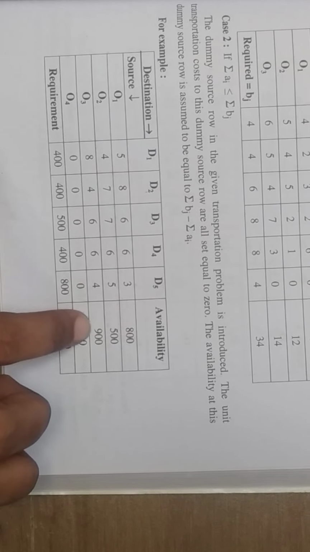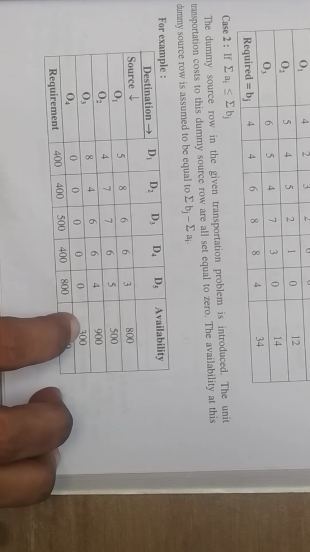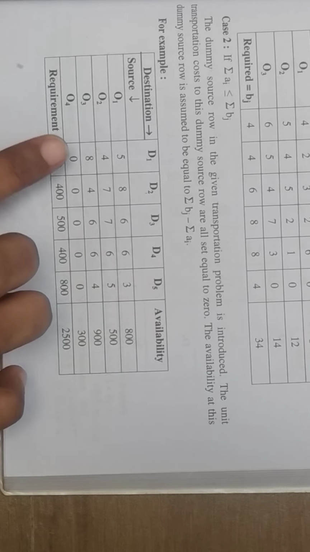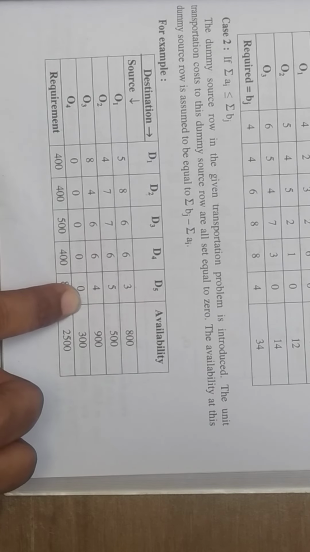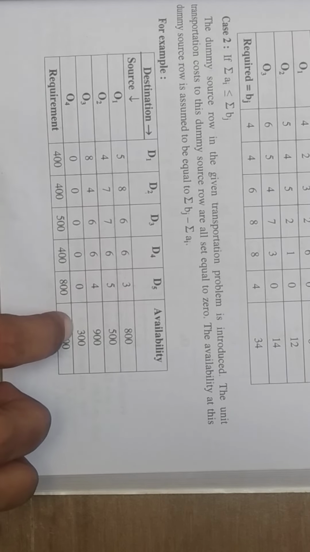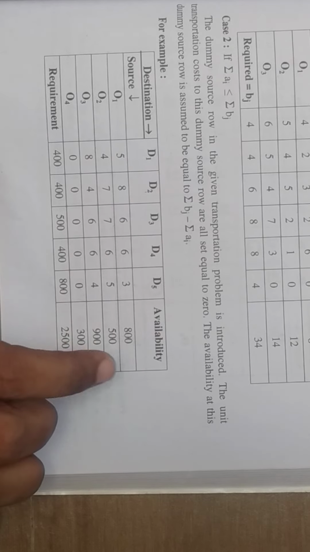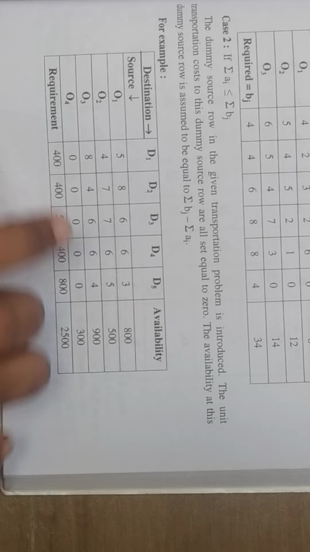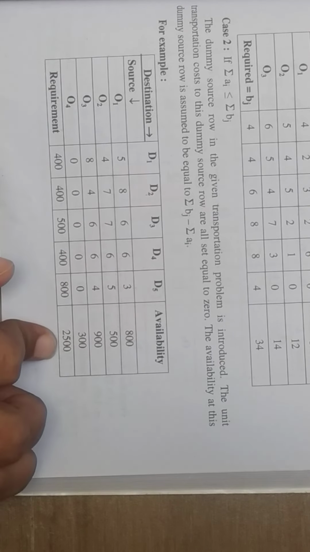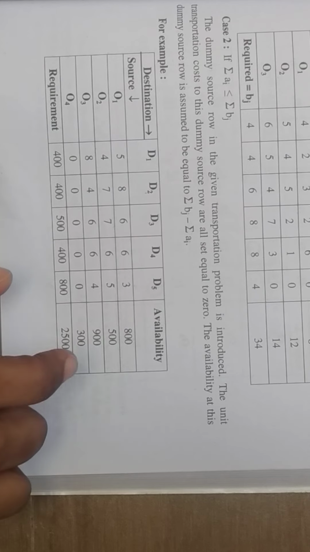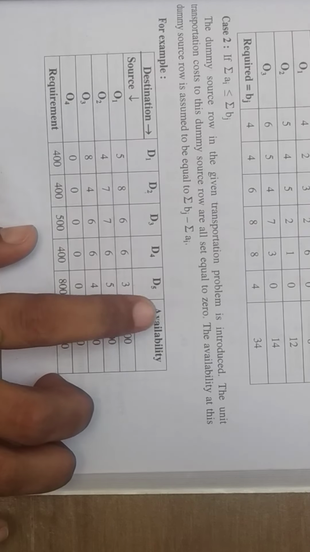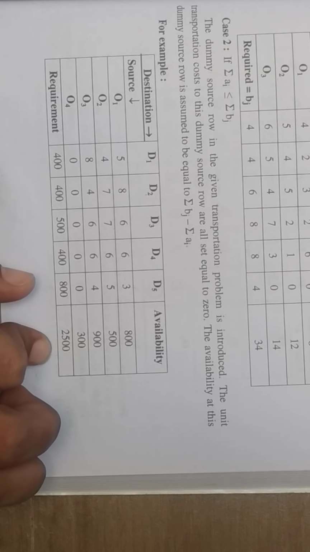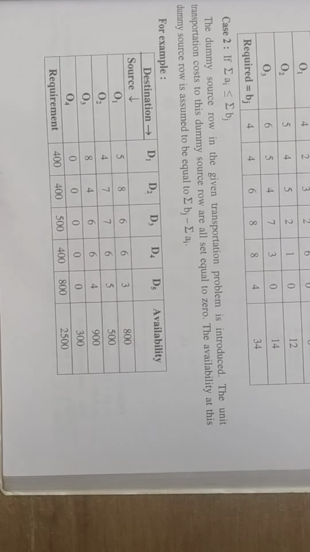So there is a lack of 300 units in the availability. So we add a dummy row with all the costs 0 and availability 300. Now our total availability is 2500 and the total requirement also equals 2500, so the transportation problem is a balanced transportation problem.